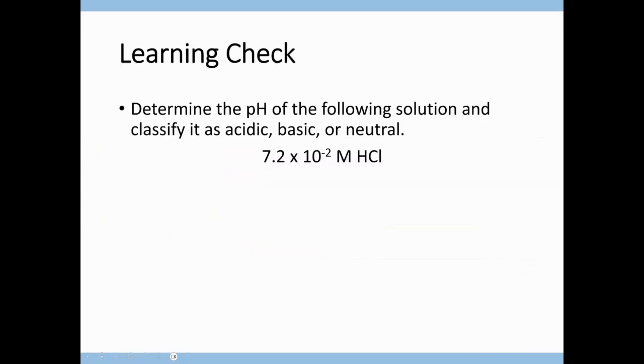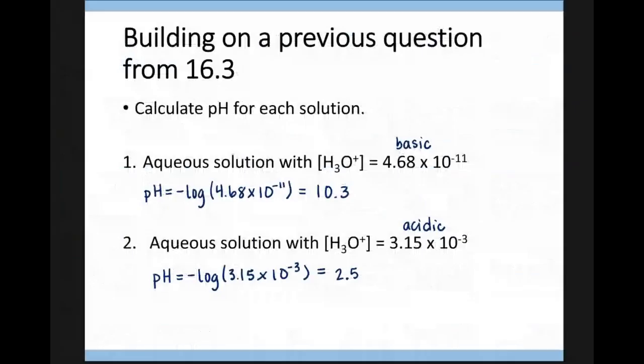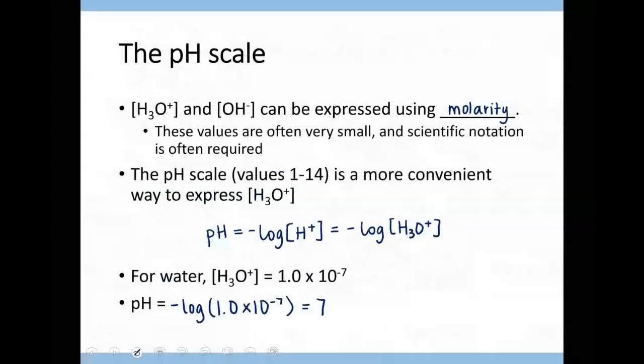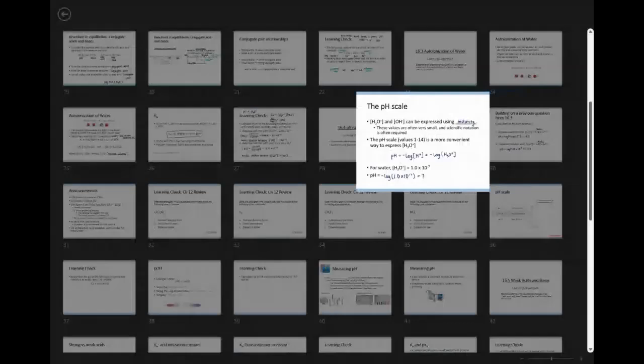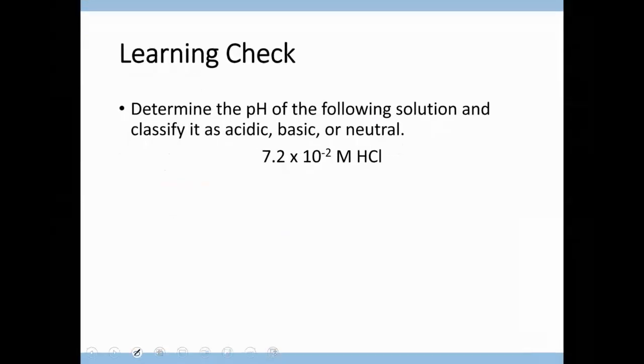Okay, so with that in mind, and you might look back to our equation for pH on the slide, pH right here. We will start with this question. Determine the pH of this solution and then classify as acidic, basic, or neutral.